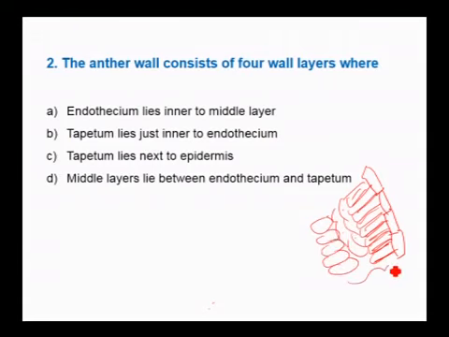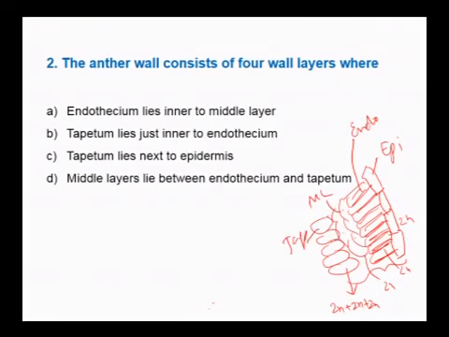And all this is sporophyte. Therefore, the cells are 2n. But in the tapetum, because of endopolyploidy, the cells may have many nuclei, 2n, 2n, 2n. So, outermost layer epidermis, then we have endothecium, middle layer of cells, tapetum. These 4 form the anther wall.